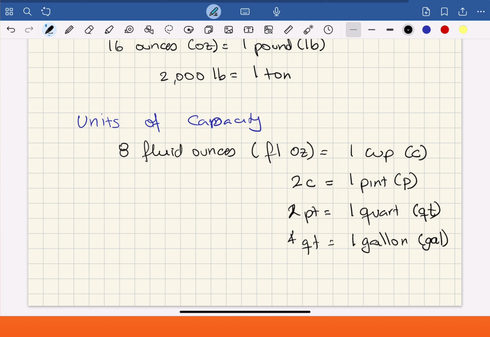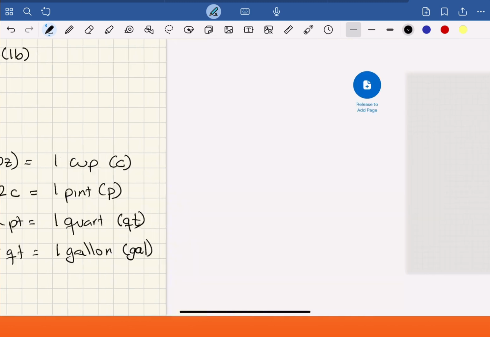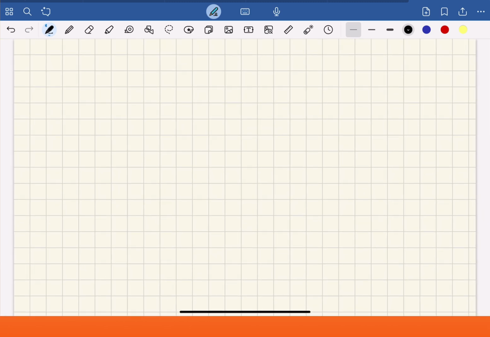Now, let's say we want to convert something. Let me do a new page over here. So an example: let's say you want to convert 18 inches to feet.